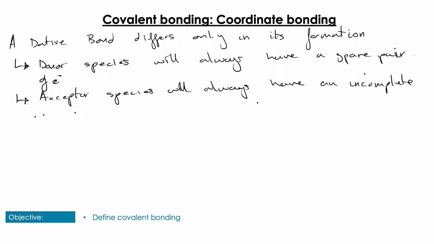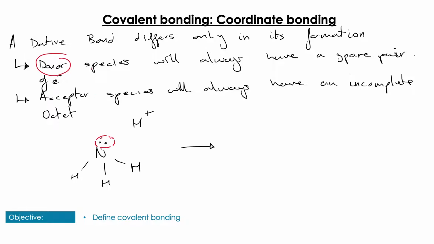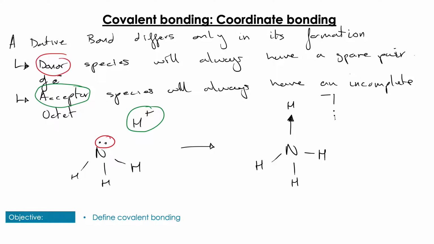Looking back to our formation of ammonium ion example, we can see that the NH3 before bonding has a spare pair of electrons, so it is the donor, and the acceptor is H+, which has an incomplete 1s orbital. So the nitrogen can donate both electrons and form that dative bond.